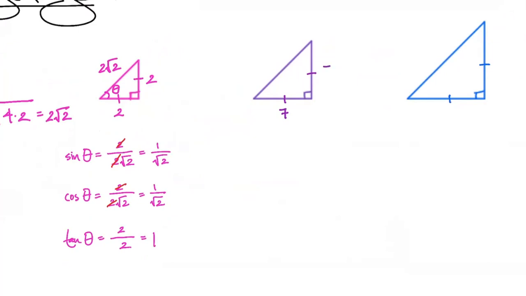Okay, I agree there's a 7. And like in the pink one, we had 2 and 2, and then we had 2 root 2. What do we think the hypotenuse could be here?